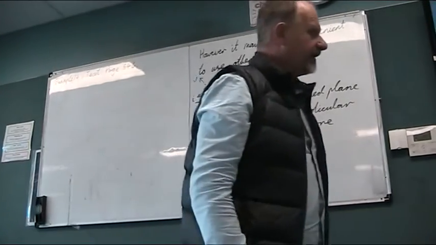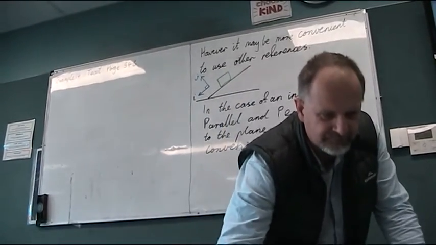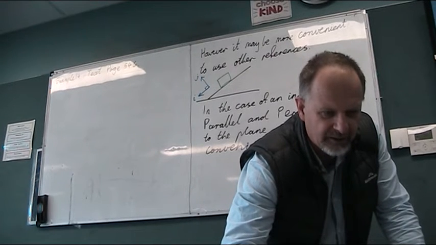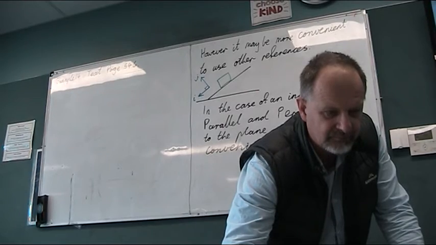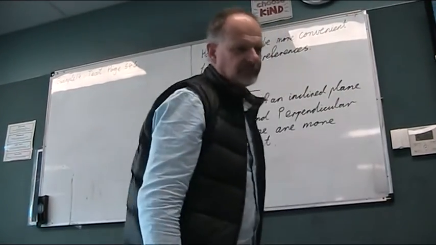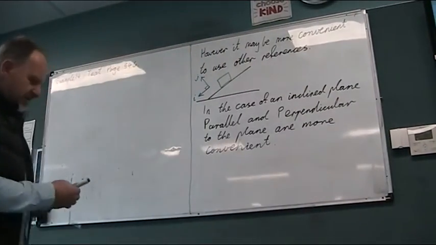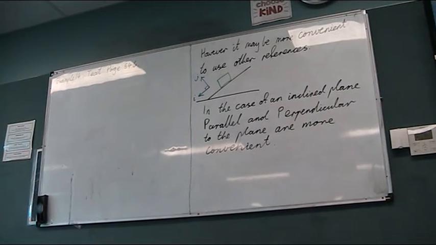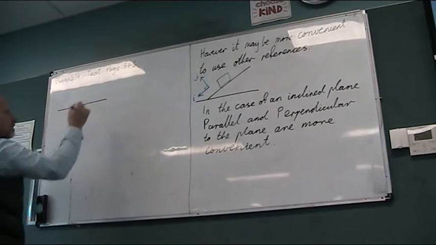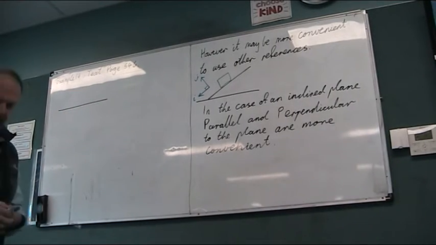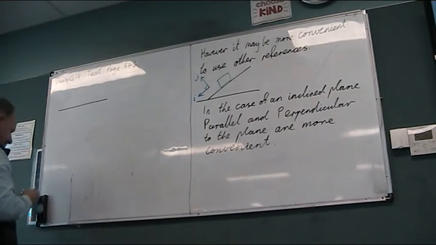Alright, so here it is. So it says a block of mass 10 kilos is pulled along a horizontal plane. So horizontal, and a block of 10 kilos.